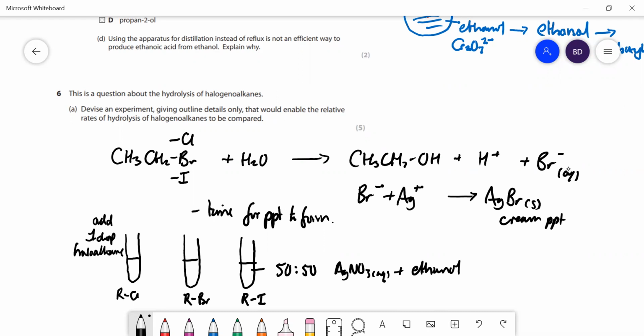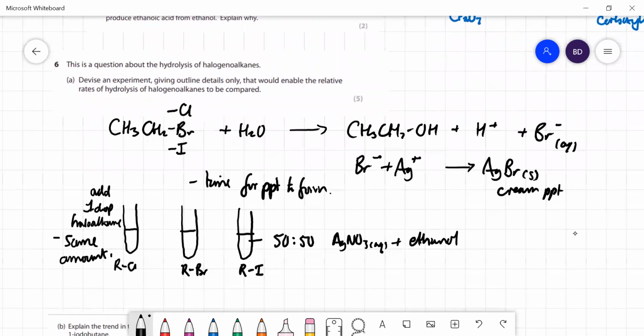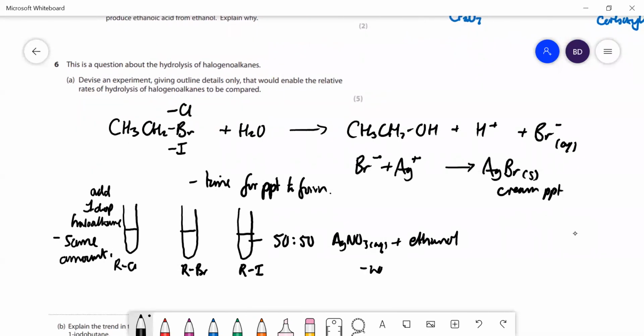So that's probably a good enough way to control the volume. But you do need to say that you're going to add the same amount of haloalkane every time. Also, to make this experiment happen over a suitable time scale, you're going to have to warm it up a bit. So you probably want to put all the tubes in a water bath. And if you say all that, you've covered all the marks there.